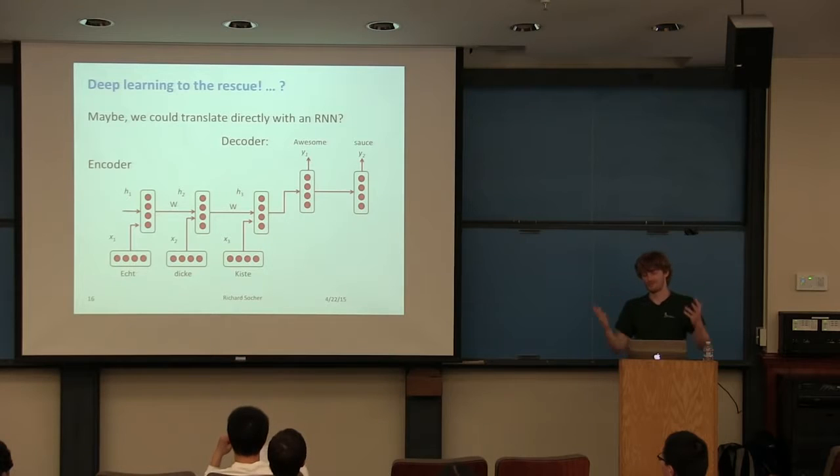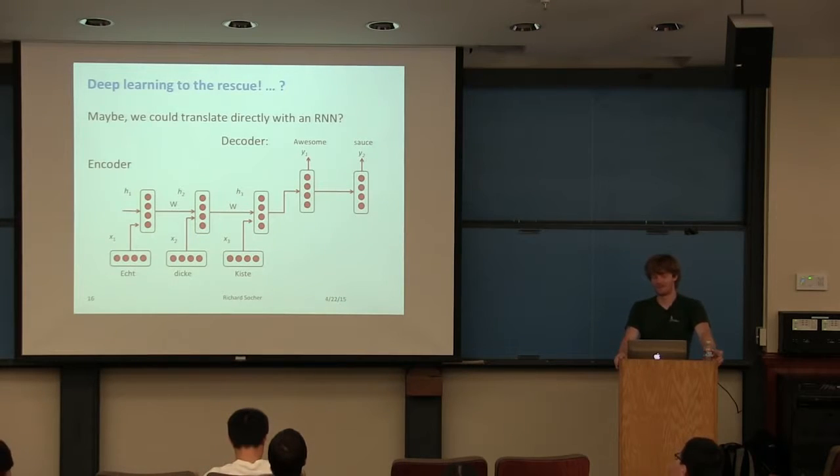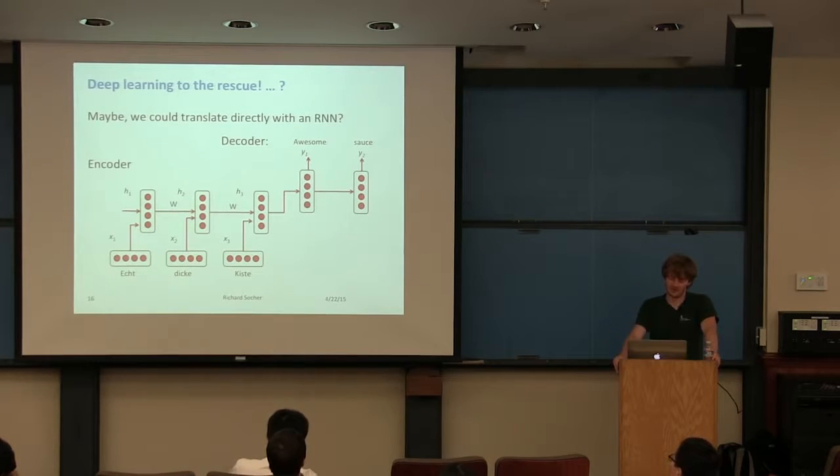And so maybe the question here is, deep learning to the rescue, but it's actually not as obvious yet. Basically, we'll look at the final table of one very recent popular paper that doesn't yet outperform the best system that comes from traditional models.